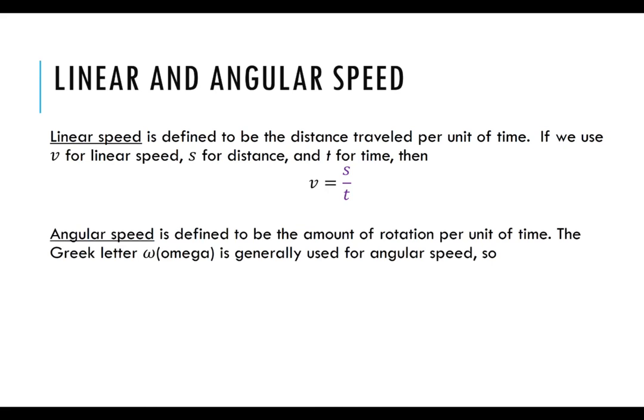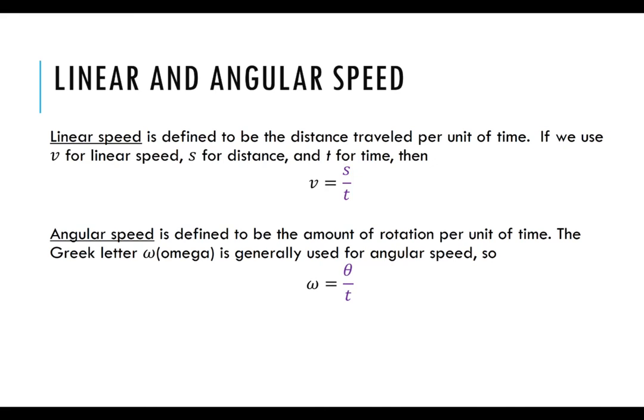Similarly, we're going to talk about angular speed. Angular speed is defined by the amount of rotation per unit of time. The Greek letter omega is going to be used in general for angular speed. So omega is equal to theta divided by time, where theta is the amount of rotation. Now, something to note about angular speed.